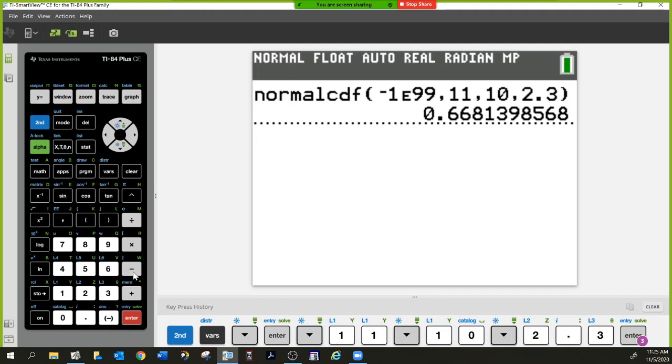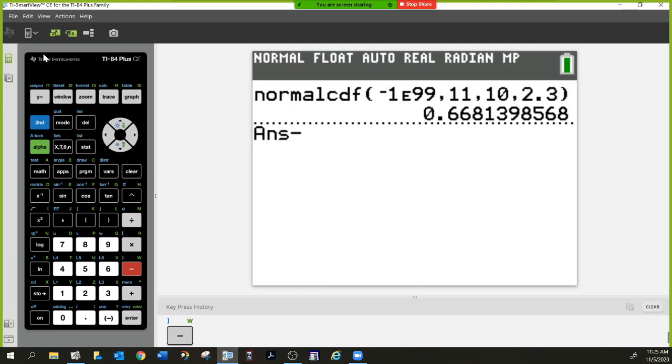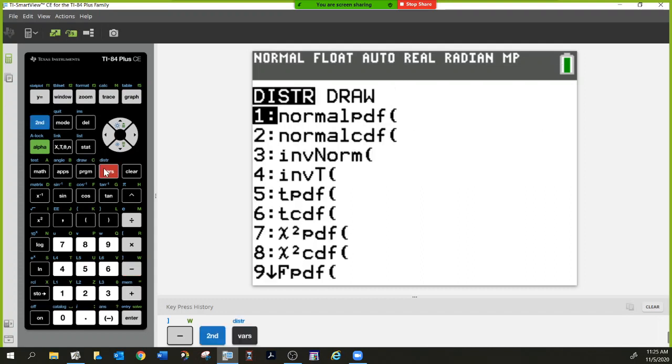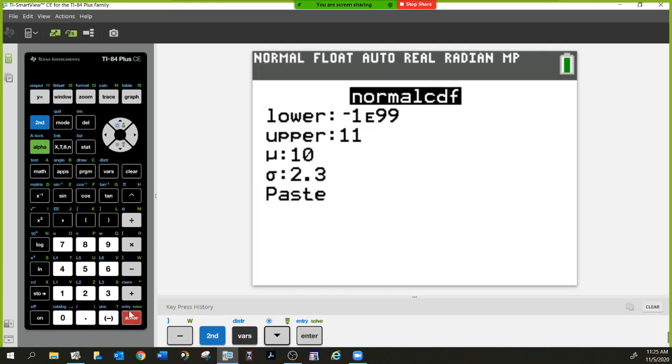I'm just going to hit minus and then second vars again and do normal CDF again. All we have to change is the upper bound. Now the upper bound is 8 because the calculator is always going left. Okay? So I'm going to hit enter a few times.